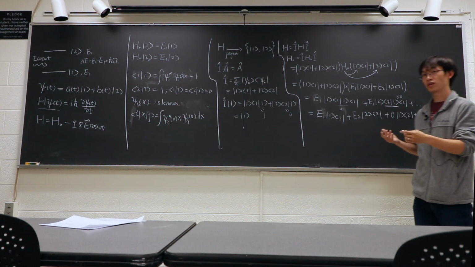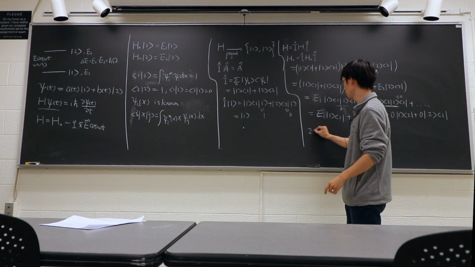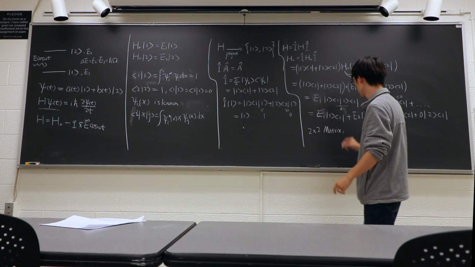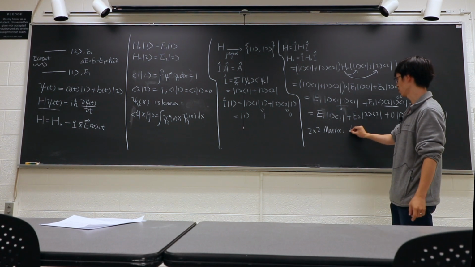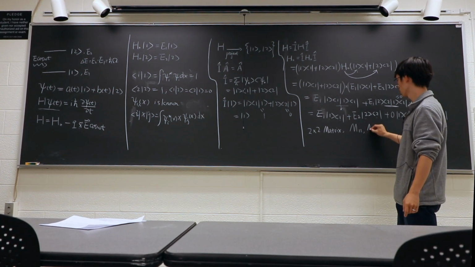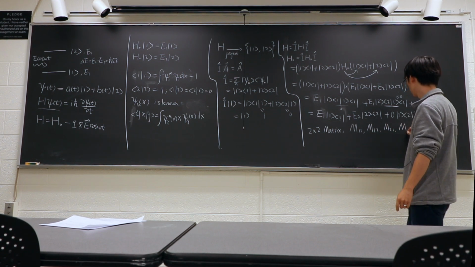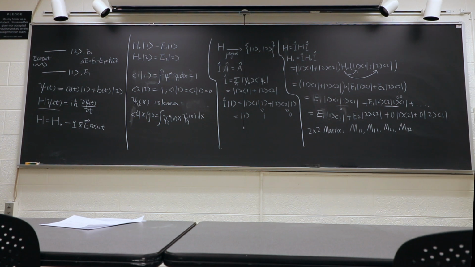I don't know if this reminds you of anything, but a 2 by 2 matrix has 4 components. So this can actually be written as a matrix. The reason we use a matrix is that it's related to linear algebra, and there are a lot of mathematical tools we can use.